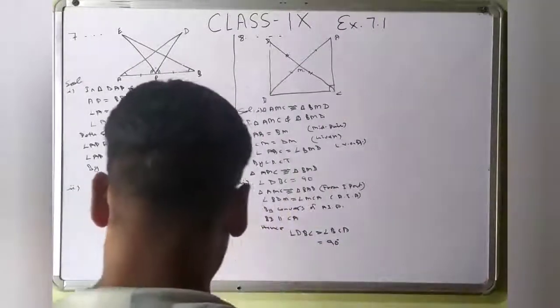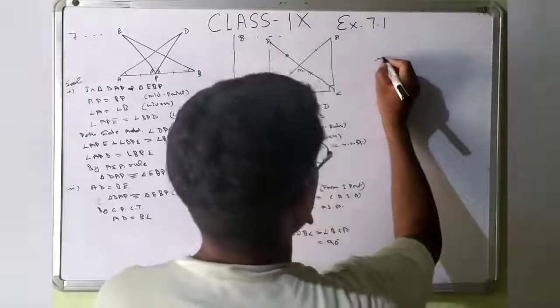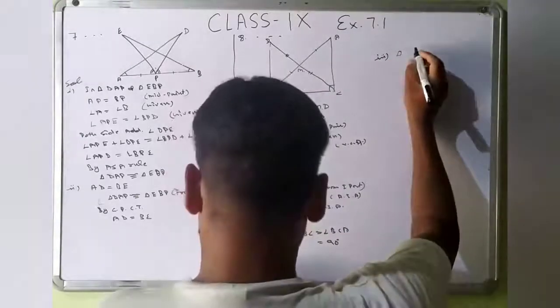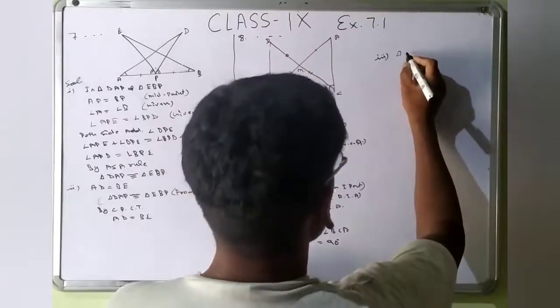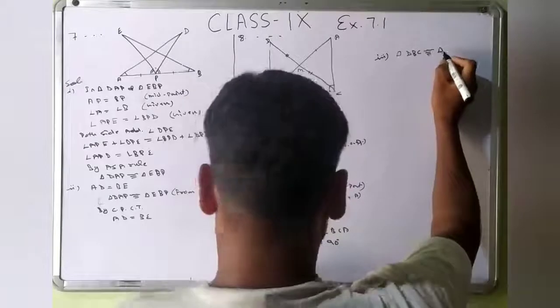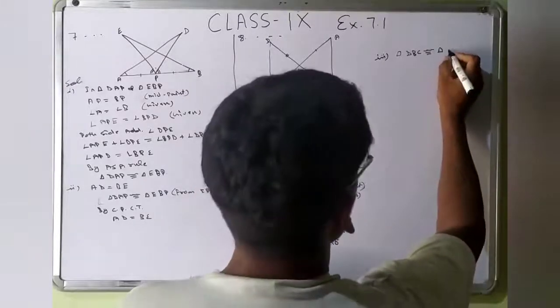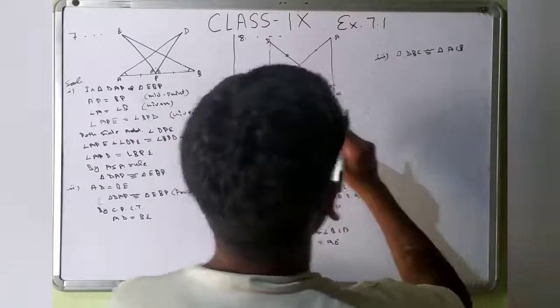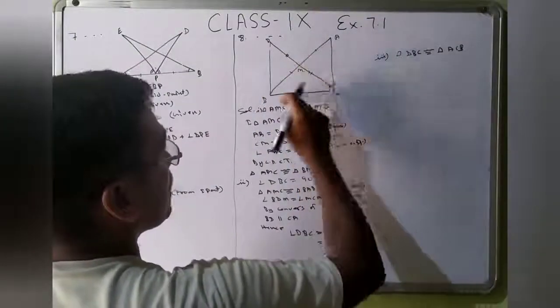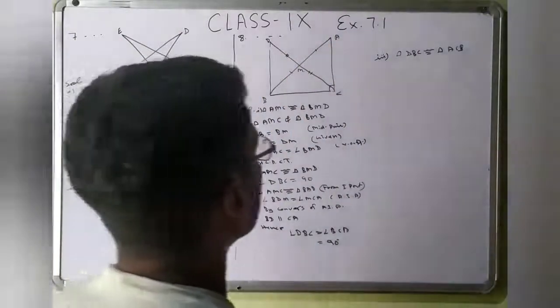Now the third part, triangle DBC congruent triangle ACB. DBC, it means this whole triangle and this whole triangle.